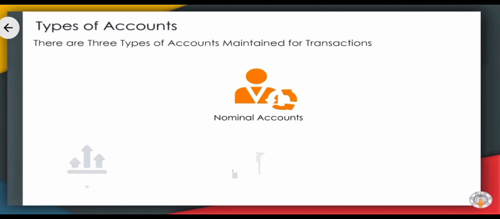For personal accounts, debit the receiver and credit the giver. For example, if we paid the newspaper agency, the newspaper agency's account will get debited as it is receiving the amount. If we sold our scrap to a scrap collector and he pays us for it, then the scrap collector's account will get credited as he is the giver.